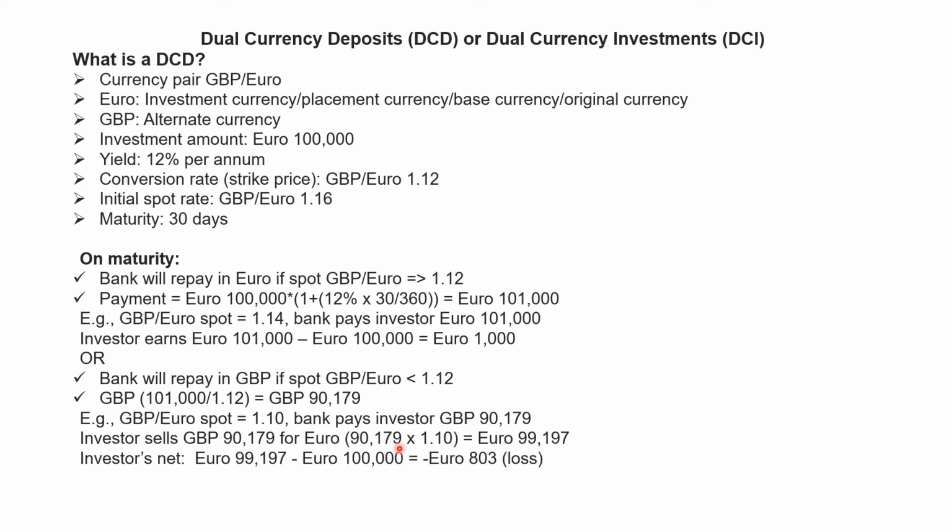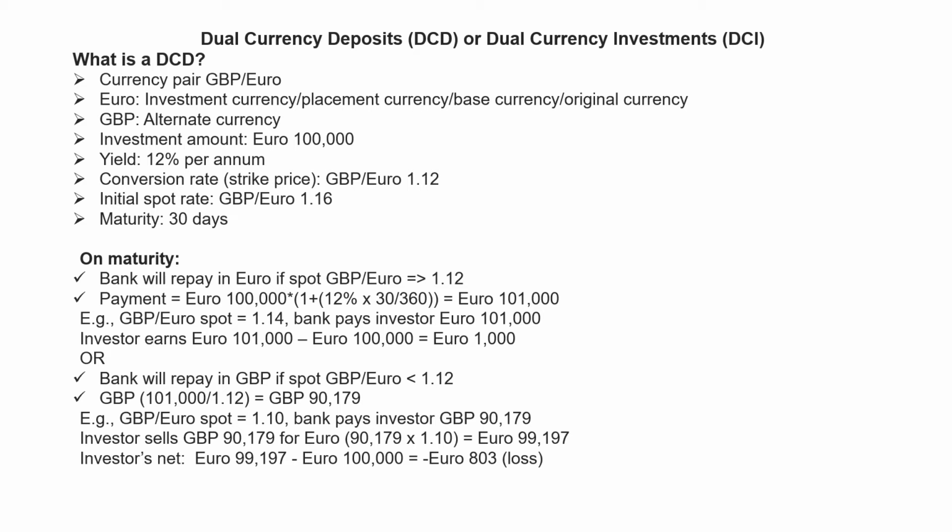The investor will be able to sell this GBP 90179 for Euro, 90179 into 1.10, which is actually the spot rate at that point, to get Euro 99197. Therefore, the investor's net in Euro terms will be Euro 99197 minus Euro 100,000, which is a loss of 803 euros.